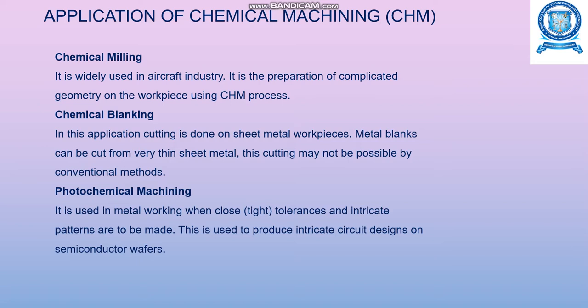Next is photochemical machining, normally used in metal working where close tolerance and intricate patterns are to be made, and it is used to produce intricate circuit designs on semiconductor wafers.